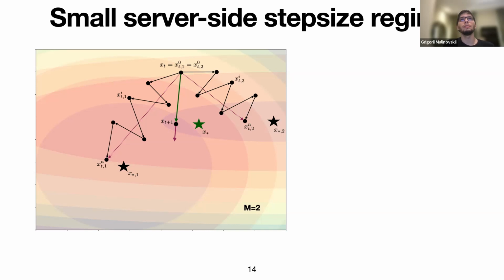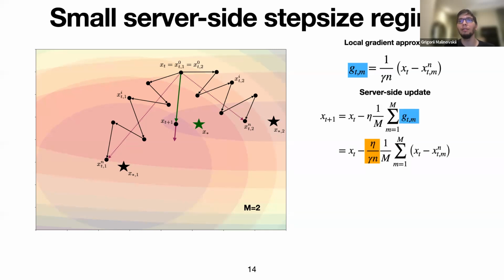Okay, as we mentioned before, we can form local gradient approximations using differences between xt and x_n^t, as previously. And we also consider server-side update here. And we can replace g_t^m by its definition in the update rule.